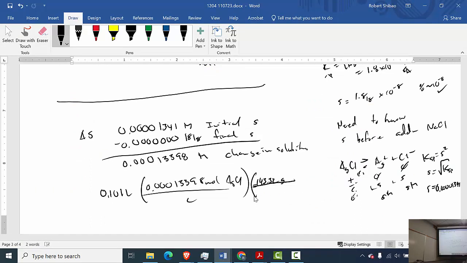143.32 grams per mole. And then we're going to convert it to milligrams, 1,000 milligrams per gram. So let's see what that comes out to.